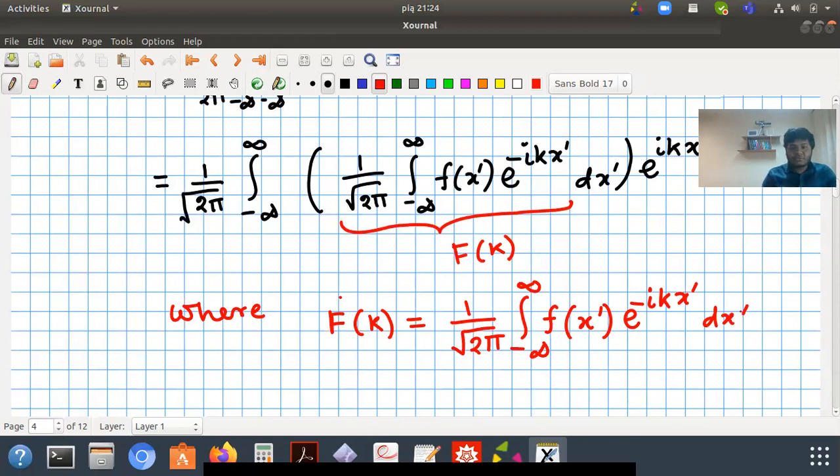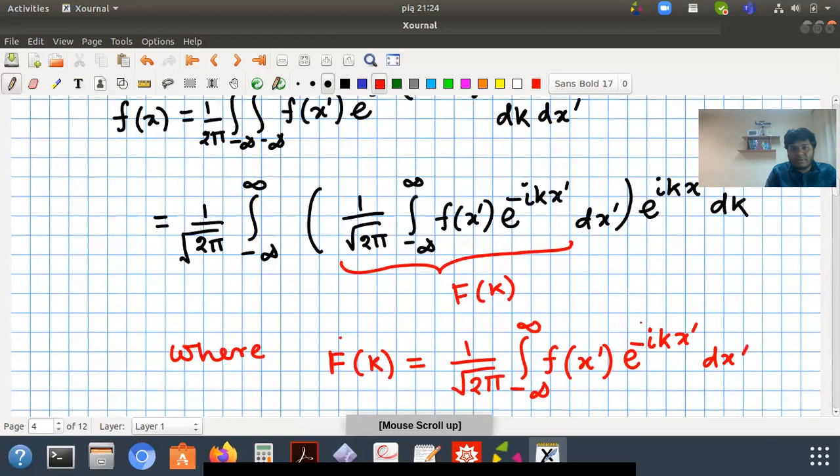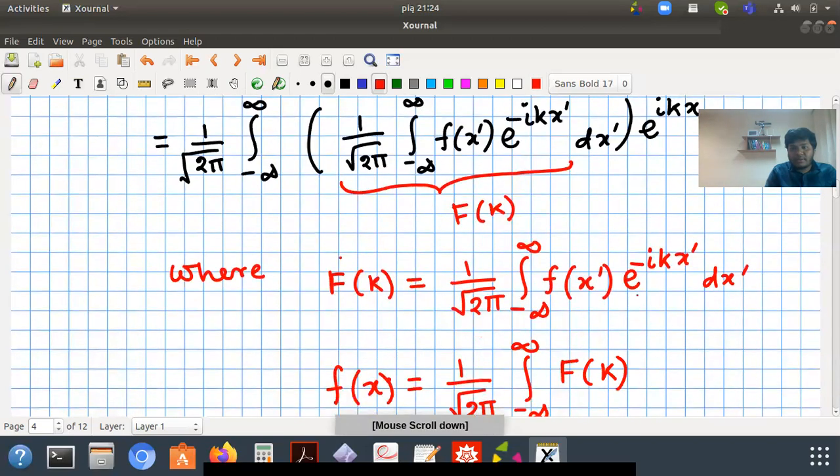Okay, so we can write our f of x in terms of f of k: it will be 1 over square root of 2 pi, integral from minus infinity to plus infinity, f of k e to the power i k x dk. It will be a function of x.